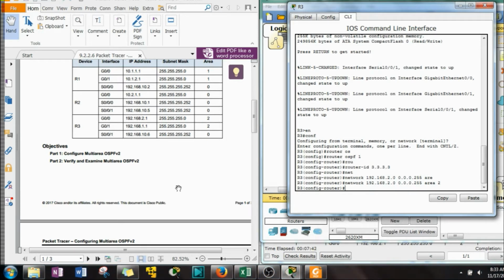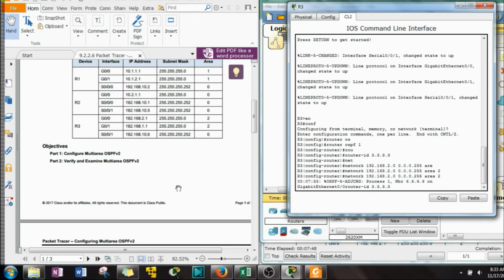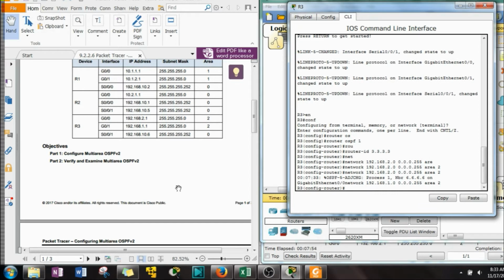And the next one, instead of a 2.1, will be a 1.1, 1.0 rather. And the last one is going to be 192.168.10.4.